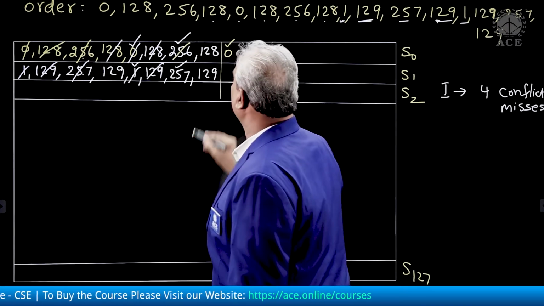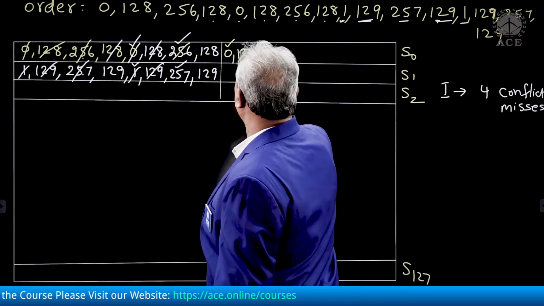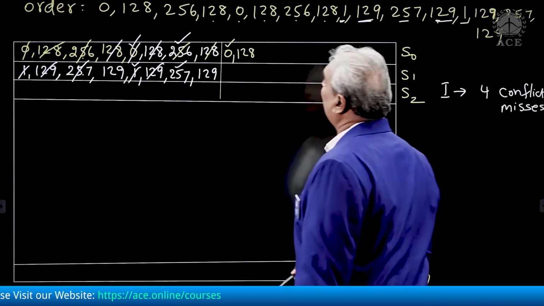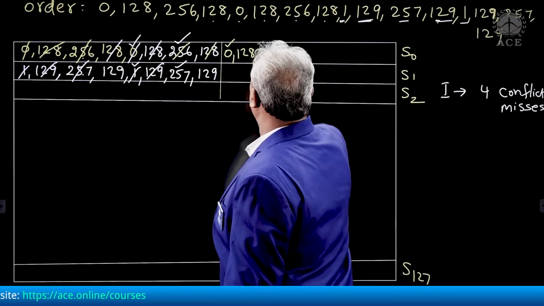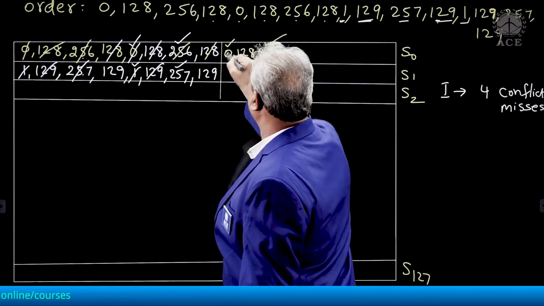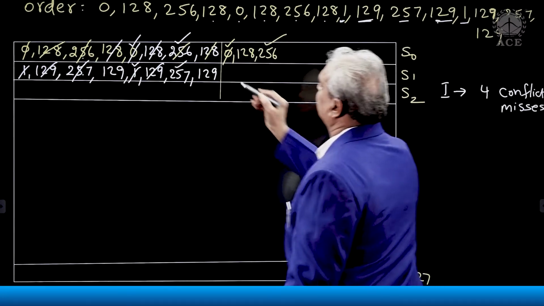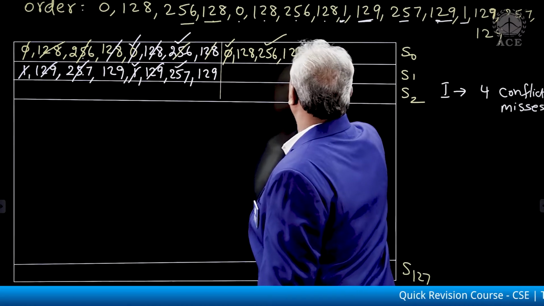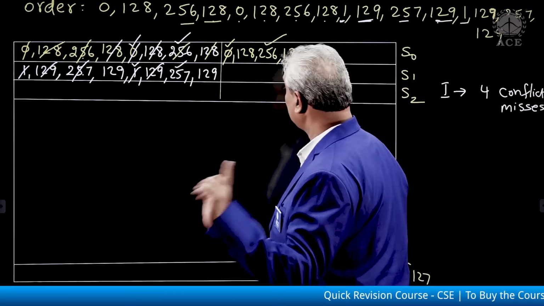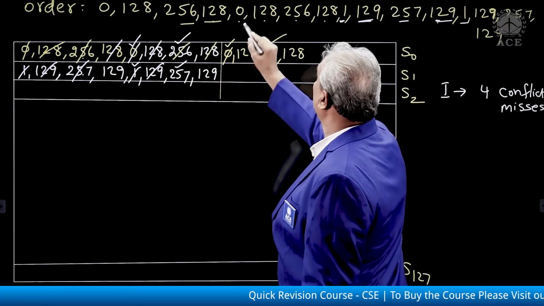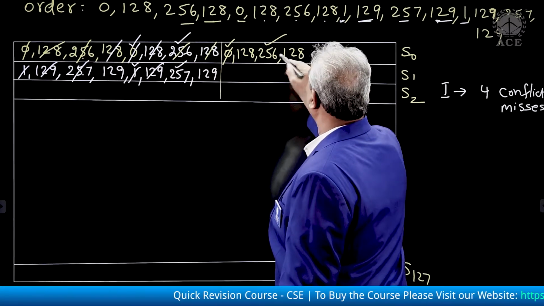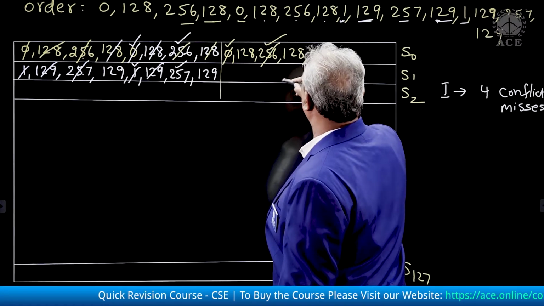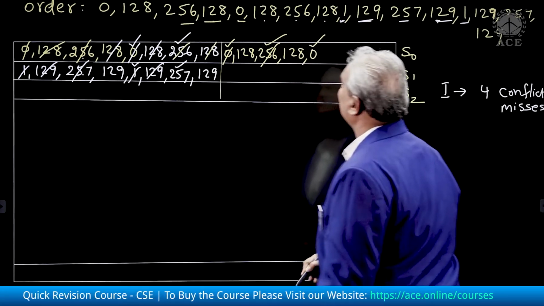What about the next one? 128, already there, so it is a hit. Next, 256, not there, so it is a conflict miss. Next, 128, it is there, so hit. What about 0? Not there. So 256 is replaced with 0. So it is also a conflict miss.